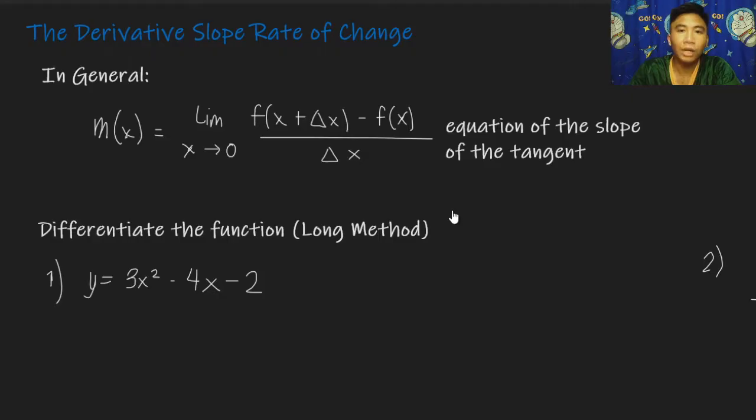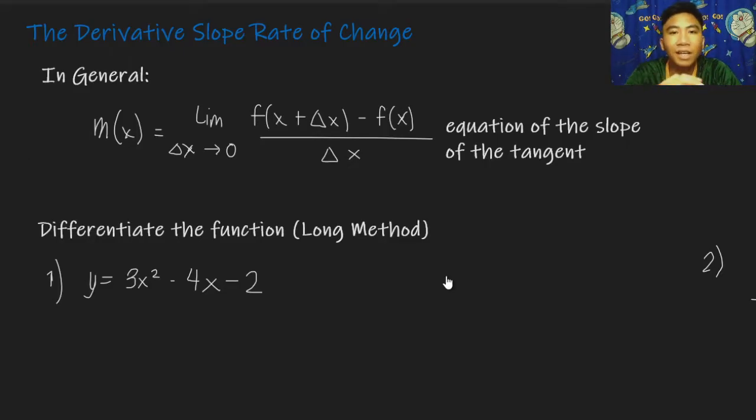So, in general, the m of x or the slope is equal to the limit of the function x plus delta x minus the function of x all over the delta x, as delta x approaches to 0. This is the equation of the slope of the tangent.